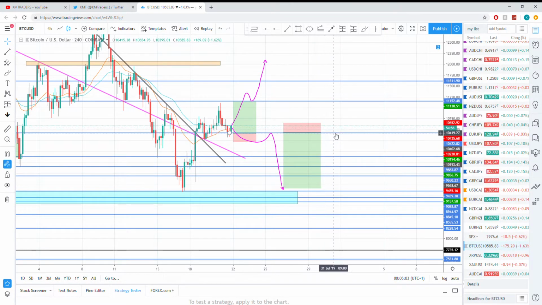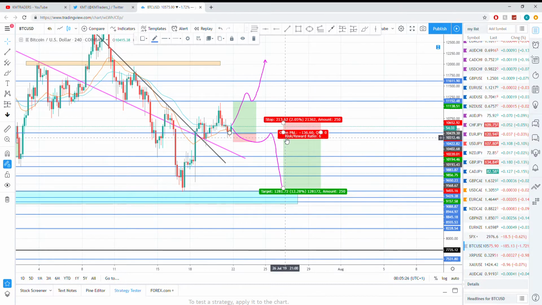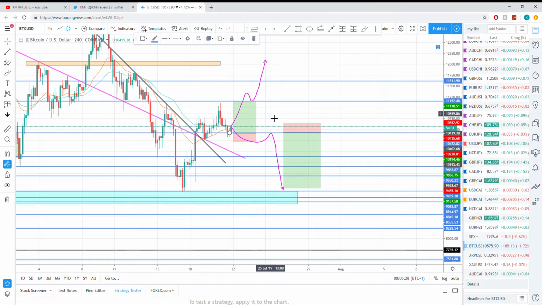That is 10,422. That's where I'll be looking for entries for my short. And if you're watching this video now, I'll be waiting for this candle to close, and hopefully we can get the entry for a push upwards.